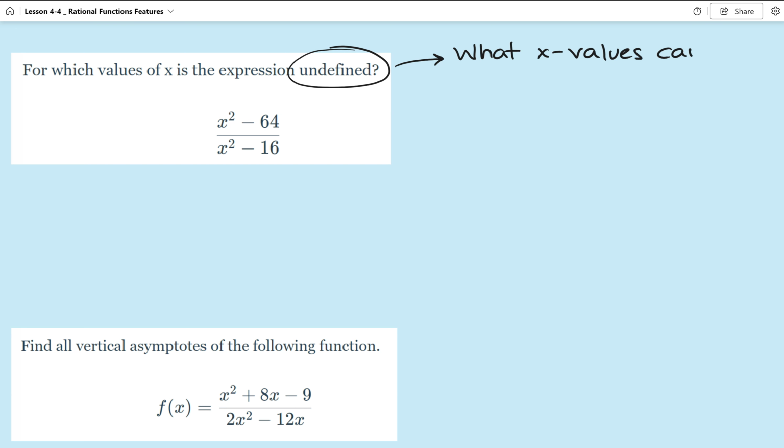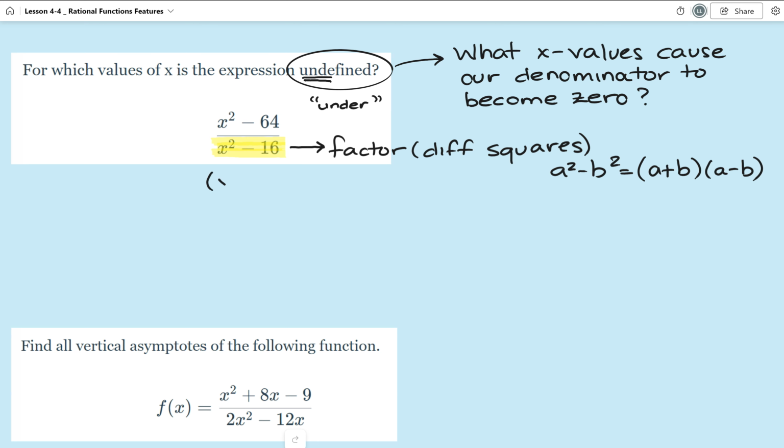Two squared numbers that are subtracting, and we know that a squared minus b squared will always end up having a format of a plus b times a minus b, where in essence you square rooted those square terms, okay? All right, so x squared minus 16 can be rewritten as x minus 4 times x plus 4.